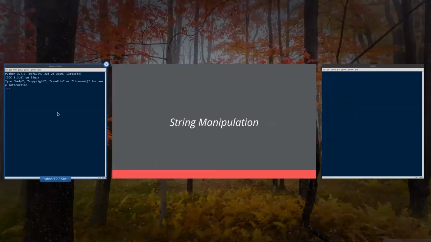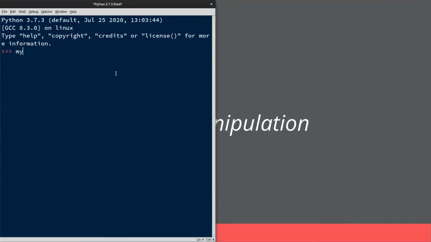So the first topic, string manipulation. When we actually save something as a string, let me go over to Python and create a string now. So let's call this my_great_string, and we're going to assign to my_great_string the value of "hello everyone".